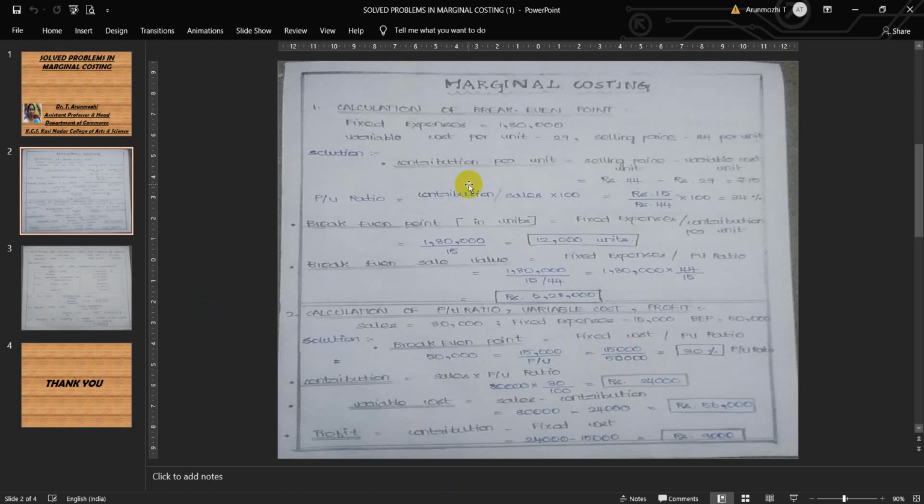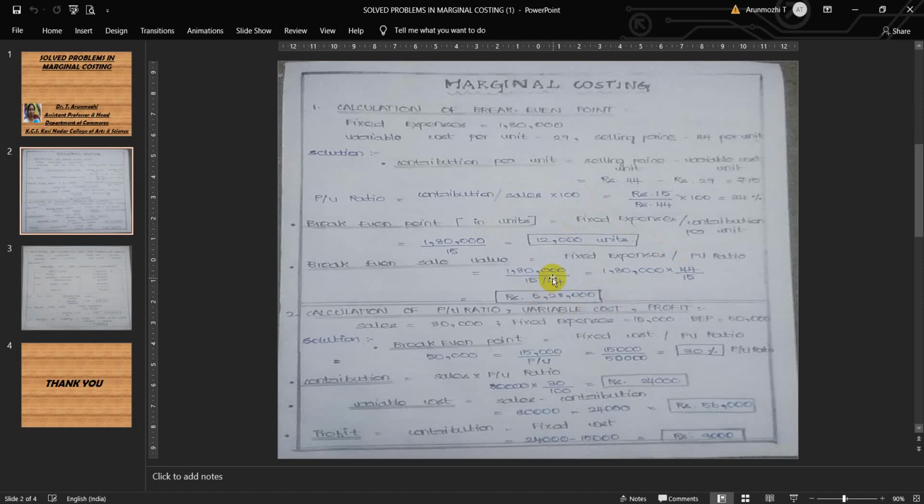PV ratio we calculated as contribution by sales into 100. Contribution is 15 and the sales, selling price per unit they have given, is rupees 44, into 100 is equal to 34 percentage approximately.